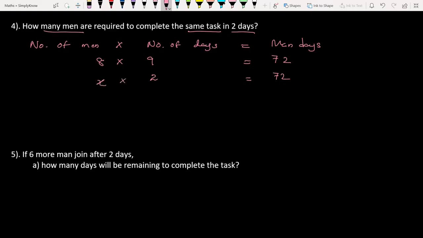Now again, we have to solve a simple equation. X times 2 is 2x. 2x equals 72, and x will become 72 divided by 2. How many men now? 36 men. X is 36. Therefore, 36 men are needed to complete the same task within 2 days.